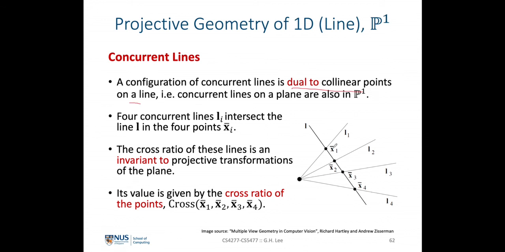And what this means is that if I have a set of points that are collinear lying on this line, then all these rays or all these lines that pass through each individual point over here and intersect at a certain convergent point over here, and the intersection of these 4 lines with this line, where the 4 intersection points are collinear to each other, would define the same cross ratio, and we call this set of lines the concurrent lines.